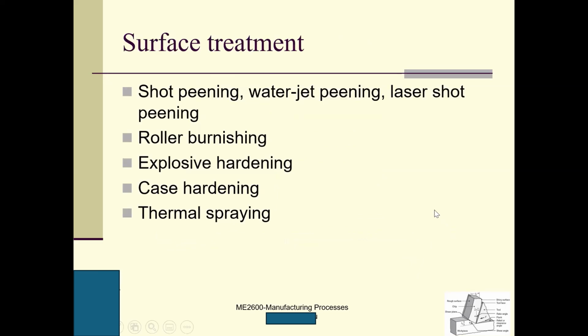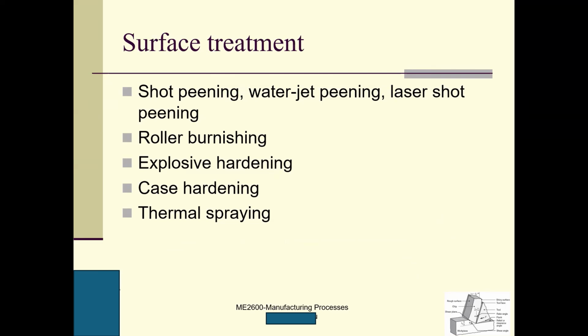On surface treatment: if we want to improve the fatigue life of the surface of a component, there are several ways we can accomplish this goal. First one is shot peening.